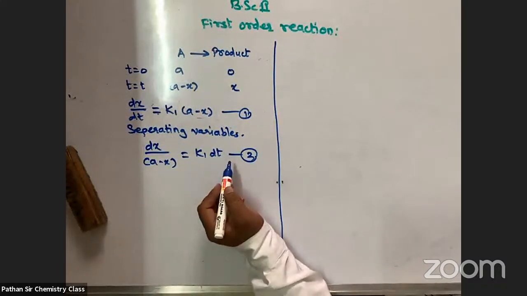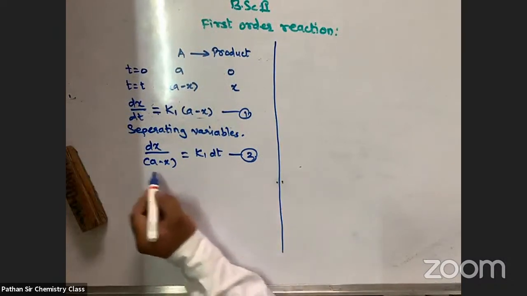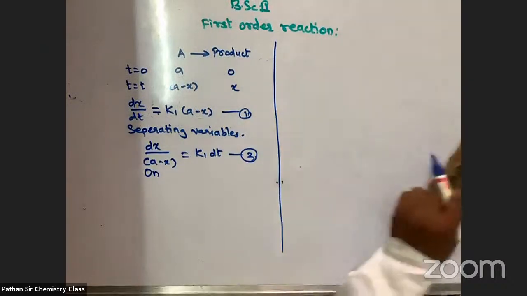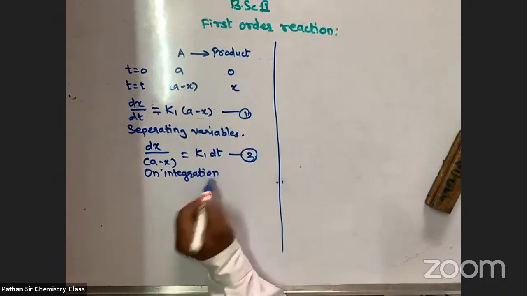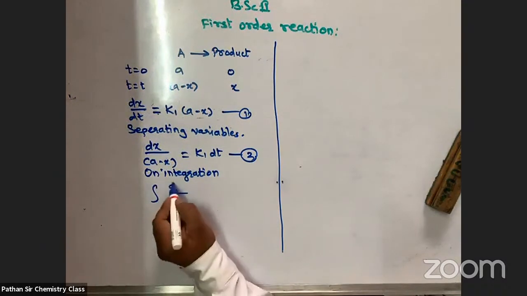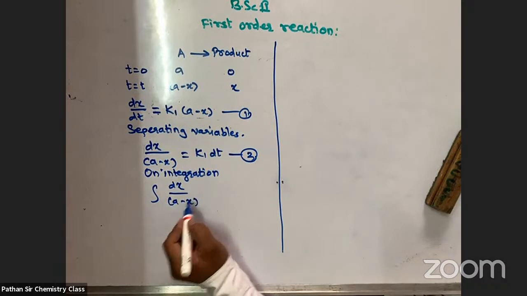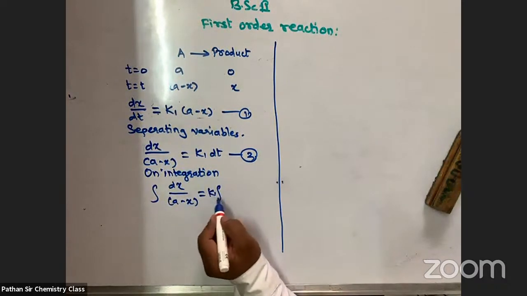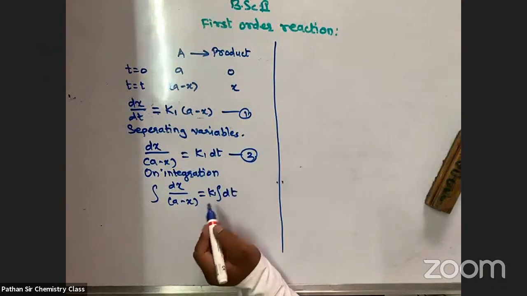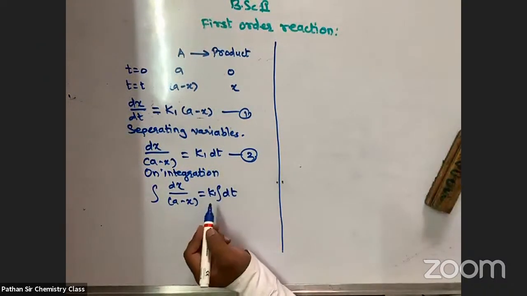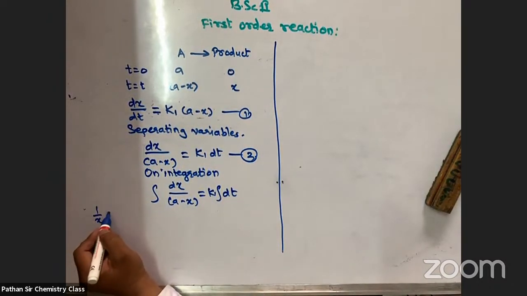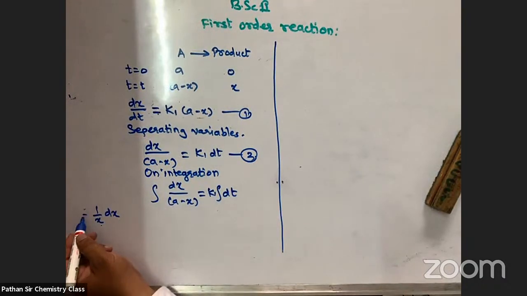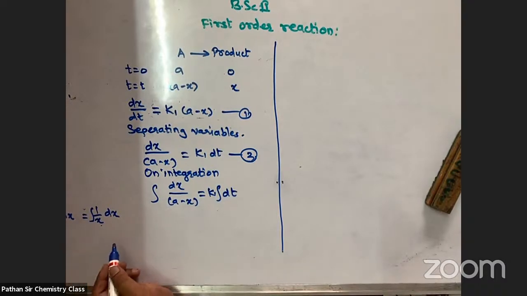Then on integrating equation number 2, we get integration of dx upon a minus x is equals to integration of k1 dt. Now I took this k1 out of the integration as a constant. Okay. Now the integration of 1 upon x dx is log of x.